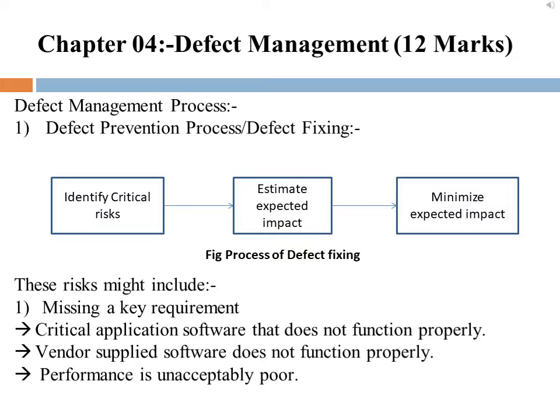This is one of the topics of the defect management process, and in defect prevention we identify the critical risks, and after that estimate the expected impact and minimize the expected impact. Defect prevention should begin with an assessment of the critical risks associated with the system.